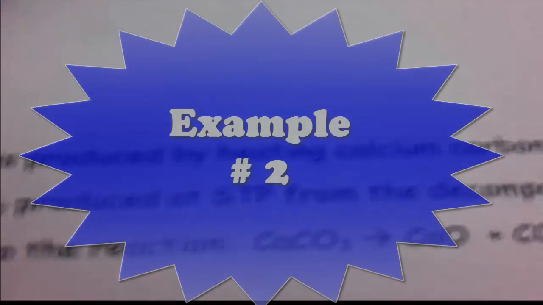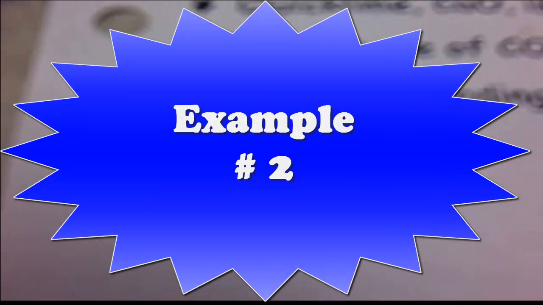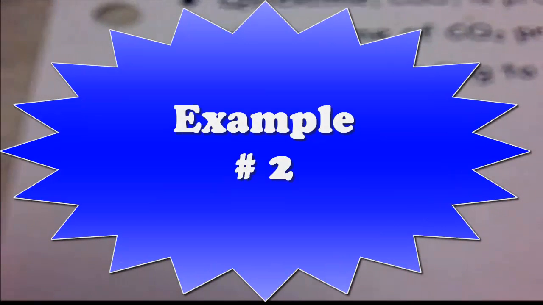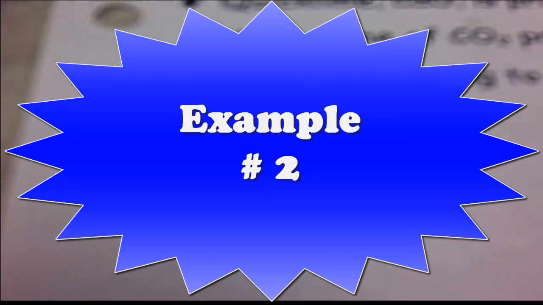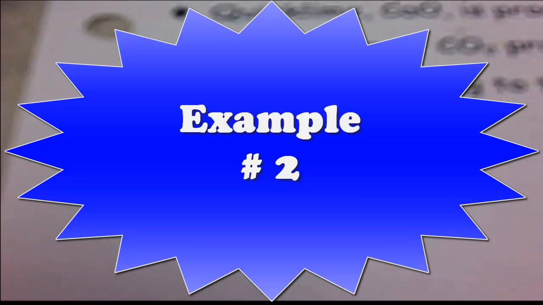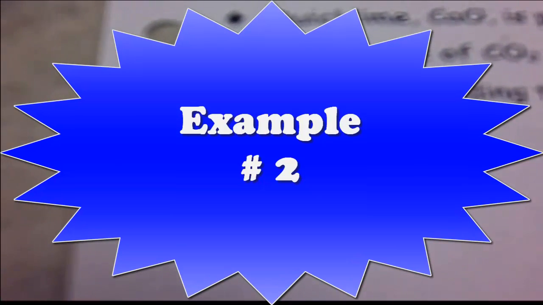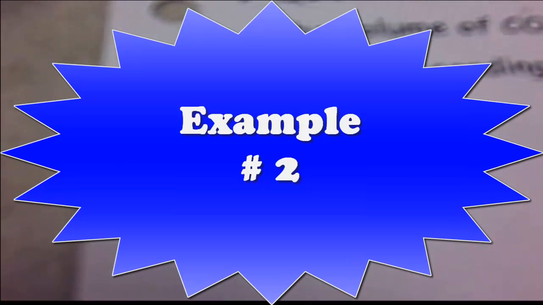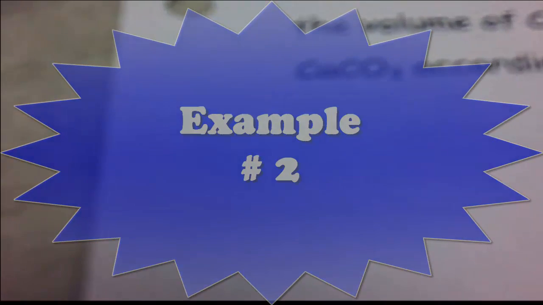The next example is talking about this stuff called quicklime. If we read through the problem here real quickly, calculate the volume of CO2 produced at STP from the decomposition of 152 grams of CaCO3 according to the reaction CaCO3 yields CaO plus CO2. So that's the problem that you have on your sheet.